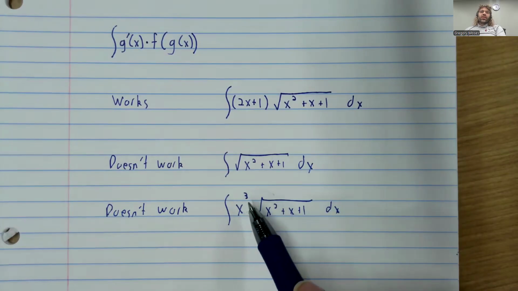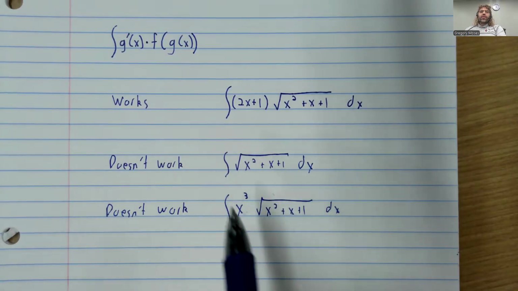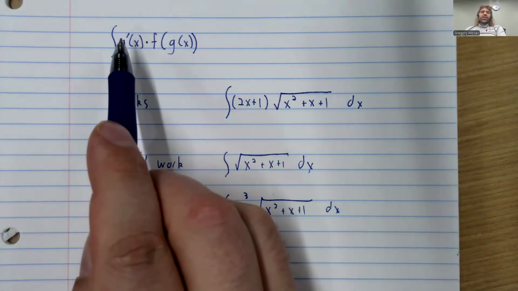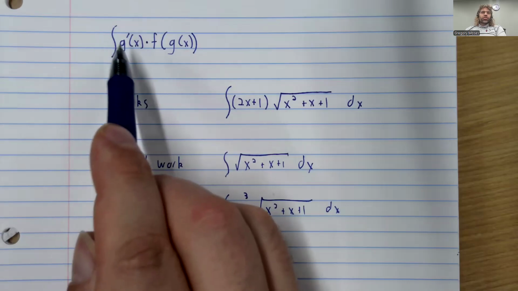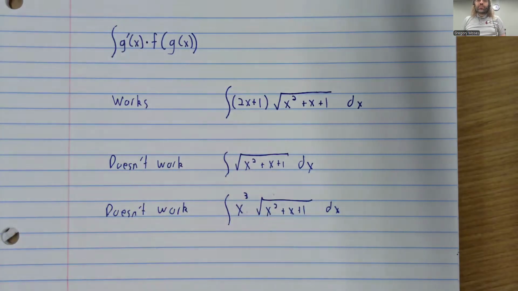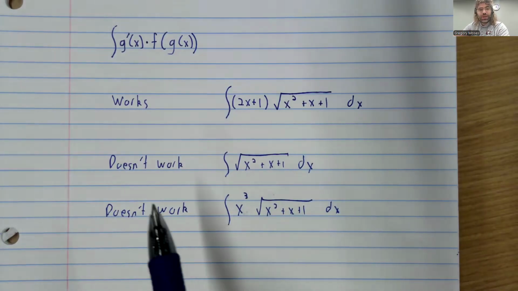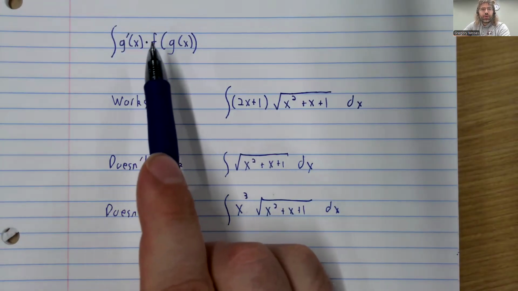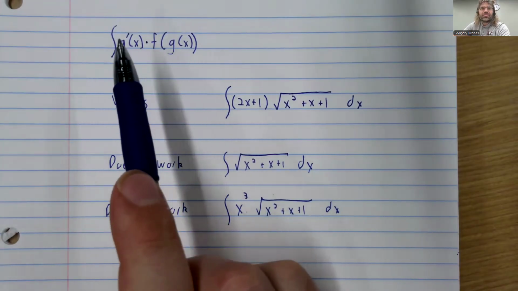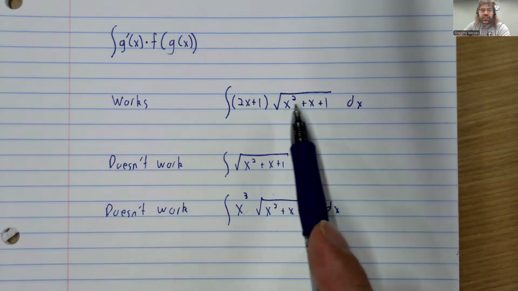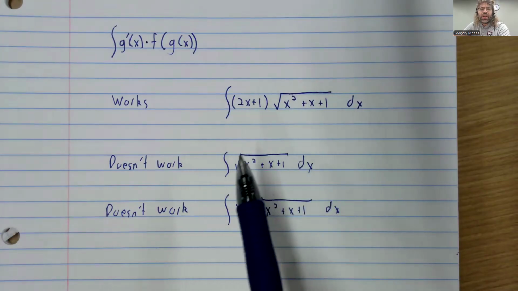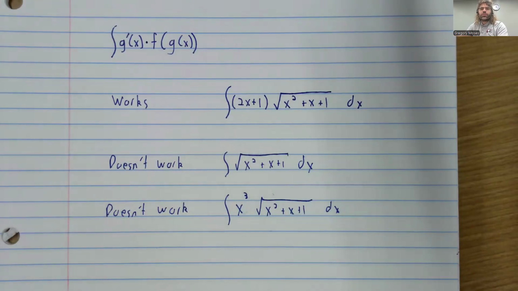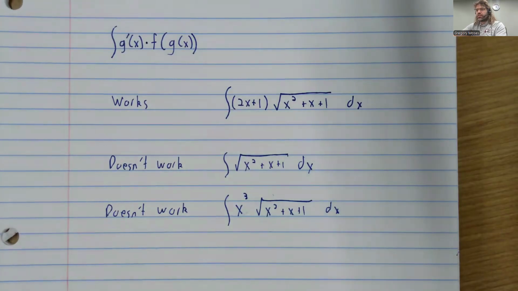We have something in front of the square root, but it's not the derivative of the inside function. So even though I called it kind of general, this is a pretty specialized technique. We need to have functions that look a very specific way if we're going to use U substitution.